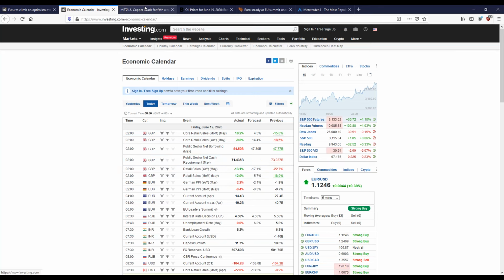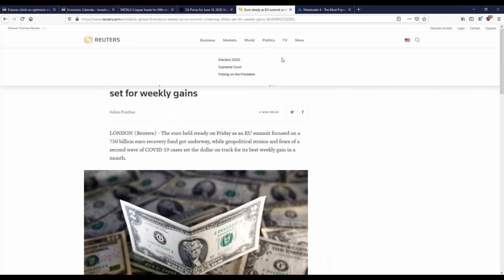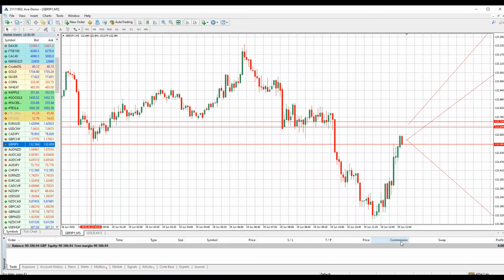You see positive headlines, meaning the yen should weaken also. So there are headlines for why the yen should be weak, why the pound should strengthen. And then we go to the chart and we say, oh, well, that's no surprise. For the past however many hours, the pound has been climbing against the yen. Simple, right? In hindsight, it's very, very simple.